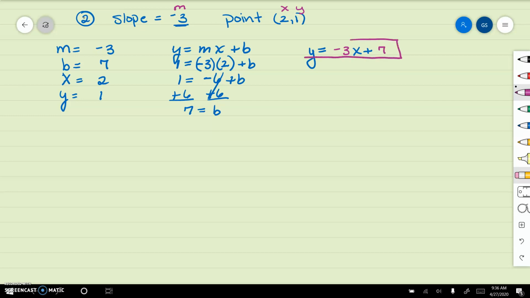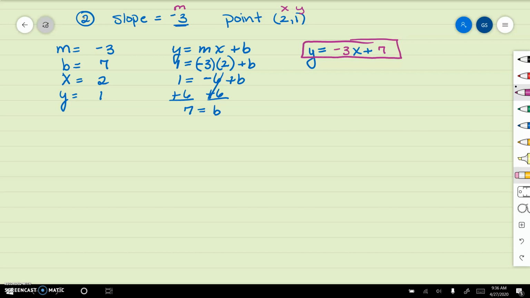Okay, see how that m and the b always have to be filled in. All right, we're going to do one more, and then I would like you to try some. And if you're not exactly getting these, just write down the notes, and we'll do some more next week.